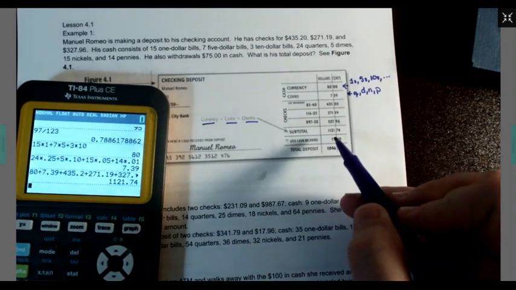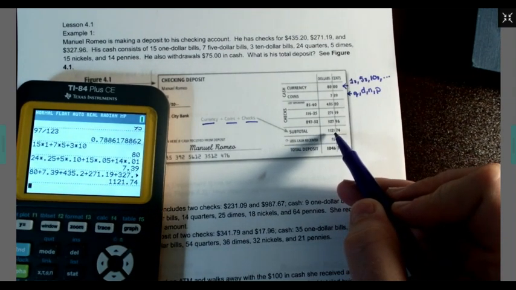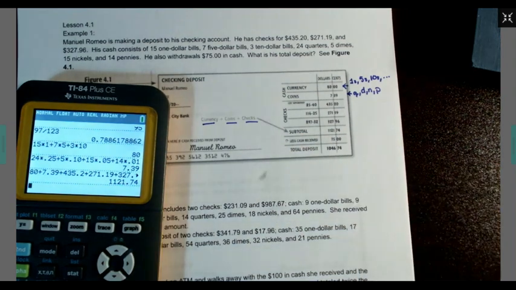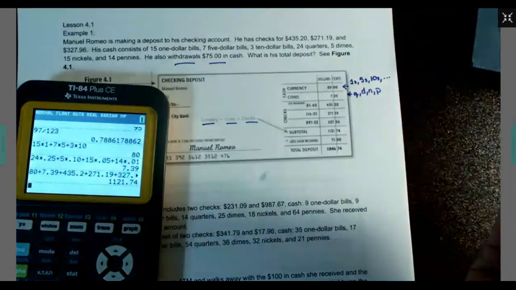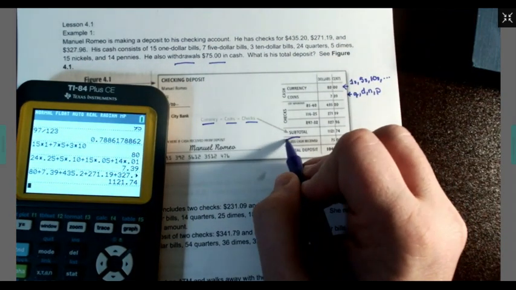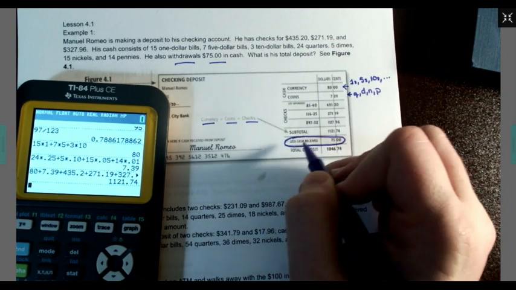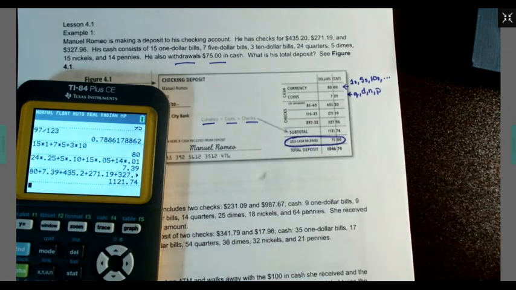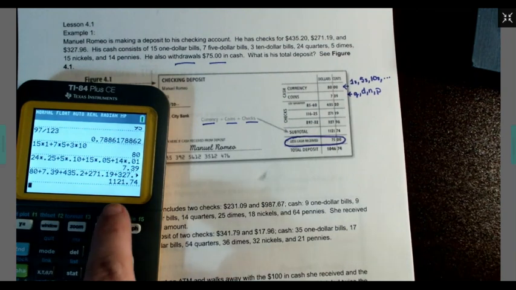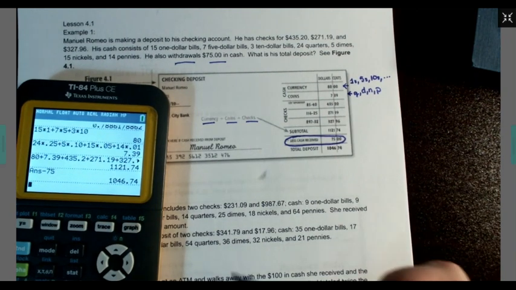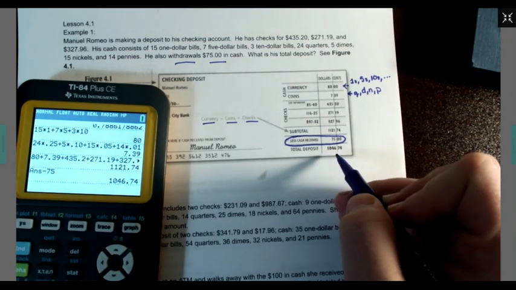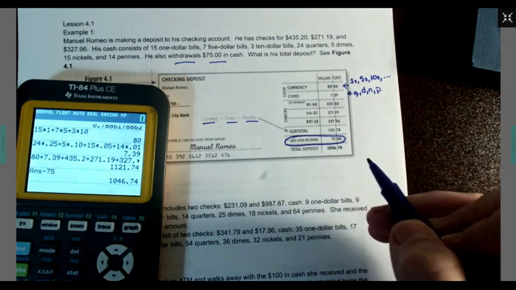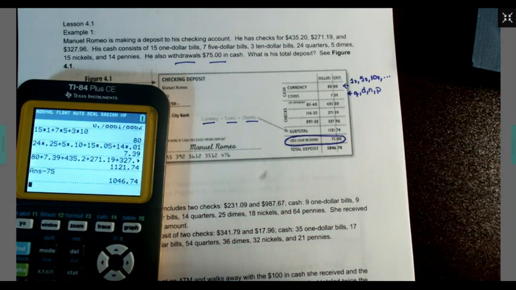They came up with $1,121.74. Then remember, it says he withdraws $75 in cash. So that is going to be this cash received. And notice how it says less your cash received, because that's what we subtract out. So we take this number and we're going to subtract 75 from it and get a total deposit of $1,046.74.